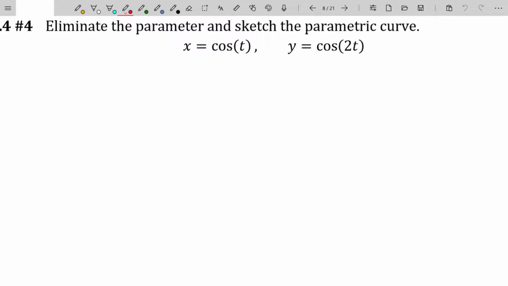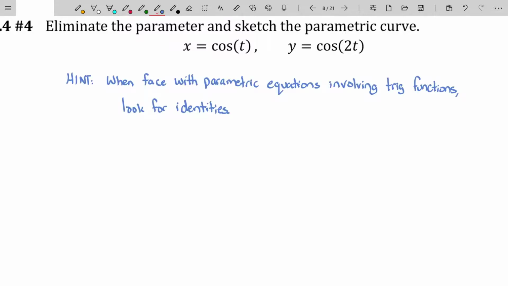And by the way, this is also why this topic generally sits within a trigonometry course, because you're using trig functions quite a bit when you're dealing with parametric equations or parametric curves. There's my hint. When faced with parametric equations involving trig functions, look for identities, trig identities specifically.